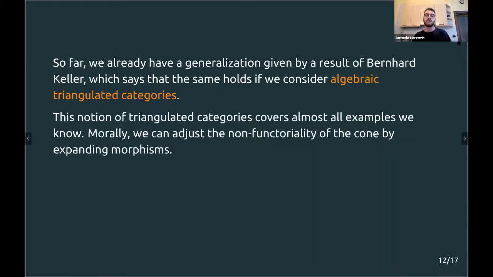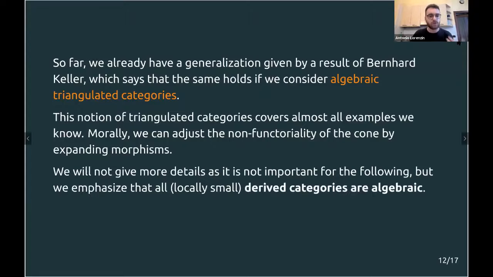But what are they? First of all, let me say that this notion of triangulated categories really covers almost every example you may think of. The idea is that we can adjust the non-functoriality of the cone by expanding morphisms and then using a quotient in order to get our triangulated category. I don't want to go into detail, but it is very important to notice that all locally small derived categories are algebraic. So this is in fact a generalization of Bondal's theorem.